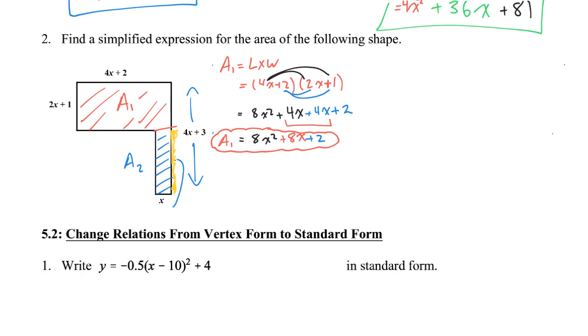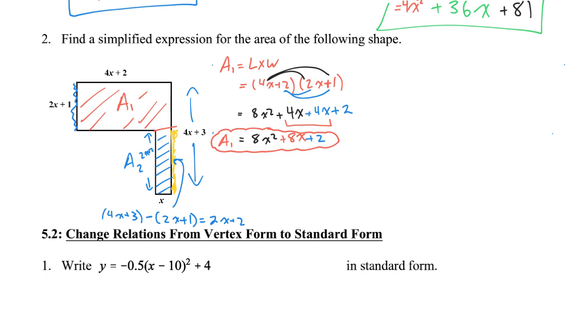To get this length here, we're going to have to take 4x plus 3, which is the length of the entire side, and subtract from it the length of 2x plus 1. And that gives us, when you simplify and go through all the math, 2x plus 2 as the length from here all the way to here. And it's just 2x plus 2.